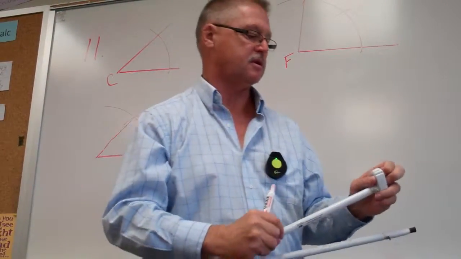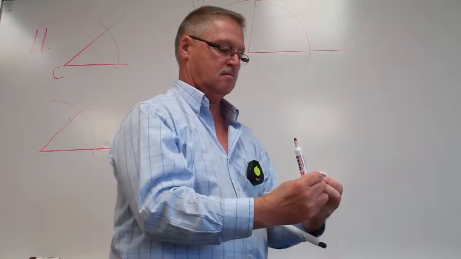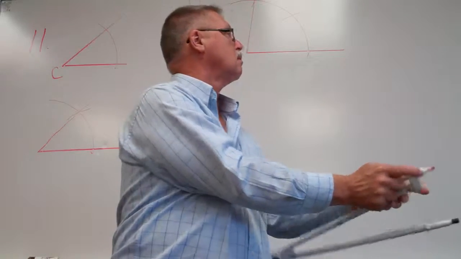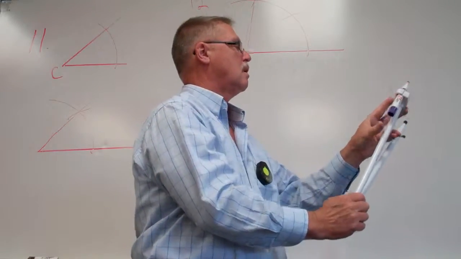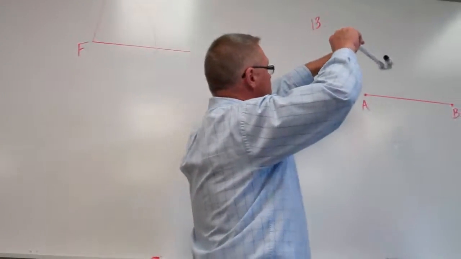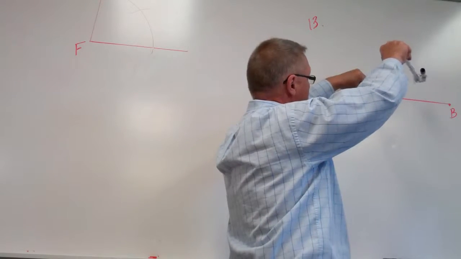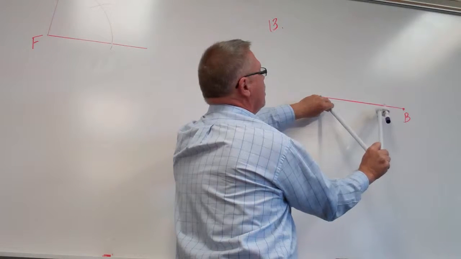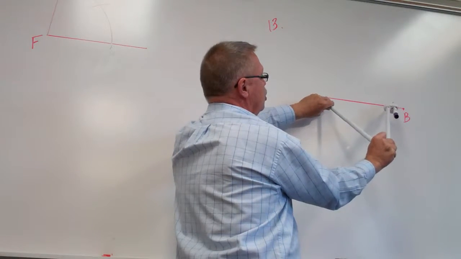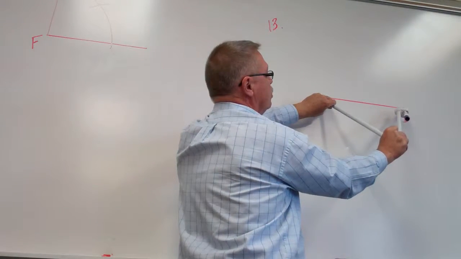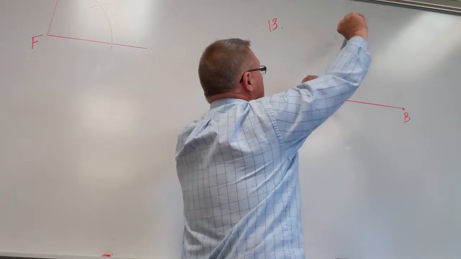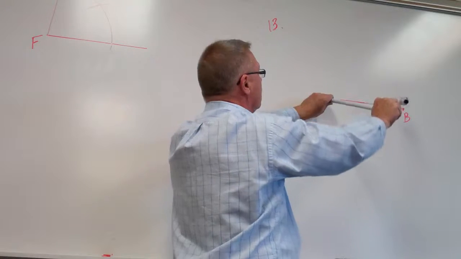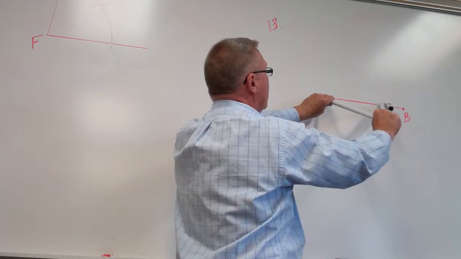Grab the compass. Set at one end, I'm on A, and stretch your compass over half. You may go all the way if you want to, but then you need plenty of room above and below. If you don't have that room, just over half is good.